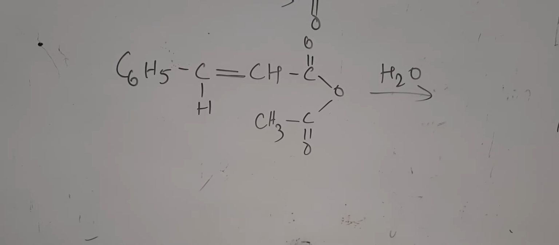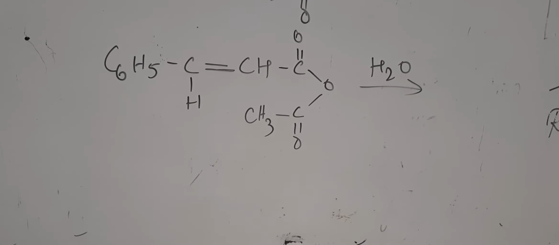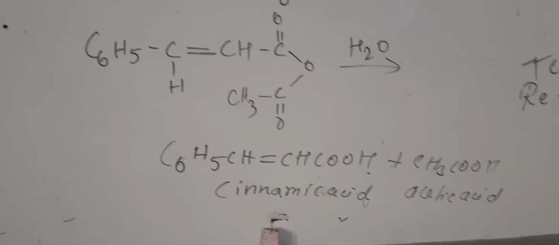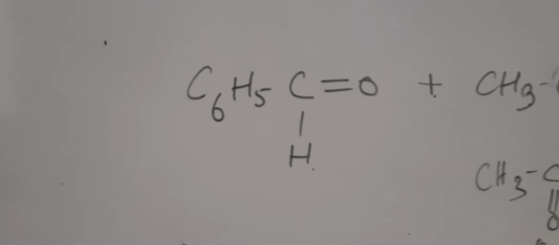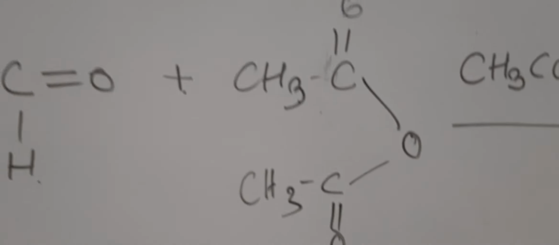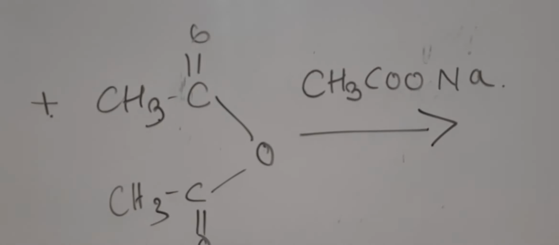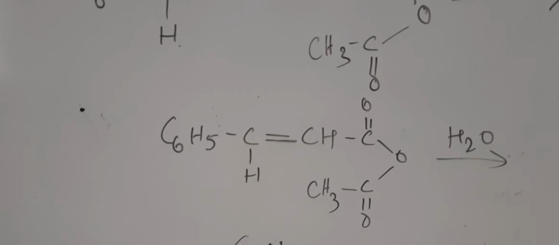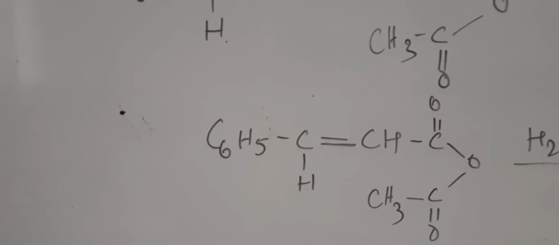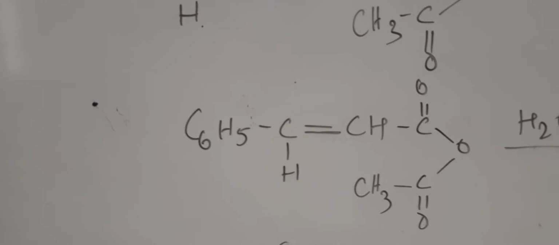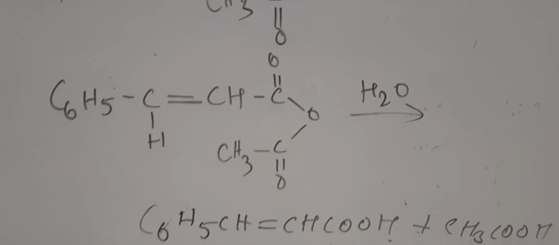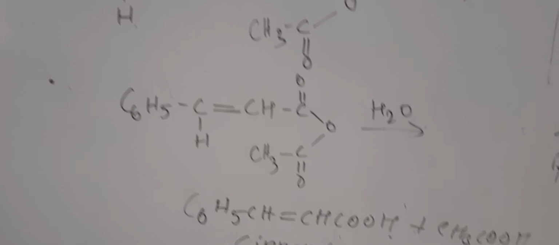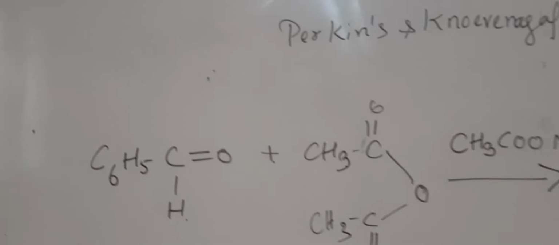Acetic acid is CH3COOH. In the Perkin reaction, benzaldehyde reacts with acetic anhydride in the presence of sodium acetate. There will be removal of water to form this intermediate. Then on hydrolysis you get cinnamic acid and acetic acid. So we have completed the Perkin reaction.